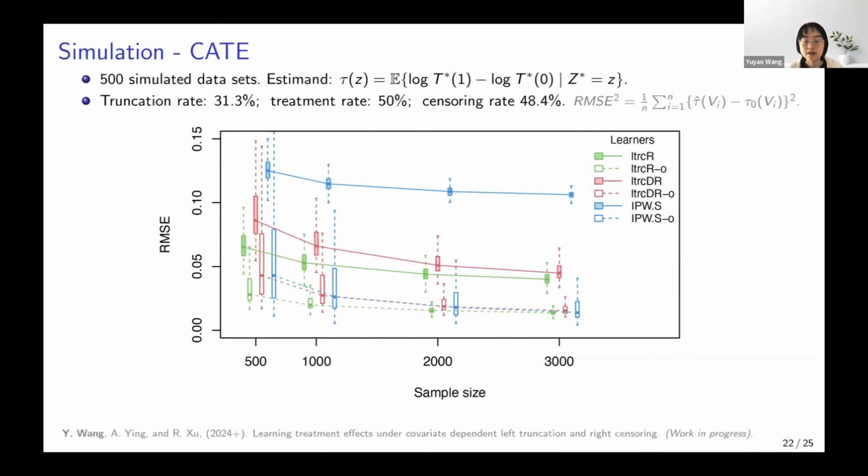In green are our LTRC-R learner, in red are our LTRC-DR learner, and in blue is the IPWS learner, which is the S learner that uses IPW weights to handle left truncation and right censoring. And we can see from the results that our LTRC-R learner and DR learner has much smaller root mean square error compared with the IPWS learner.